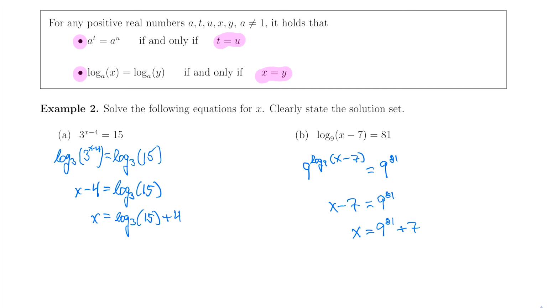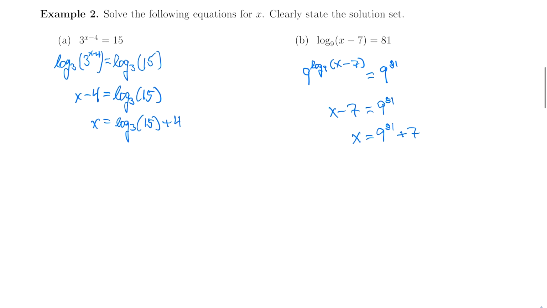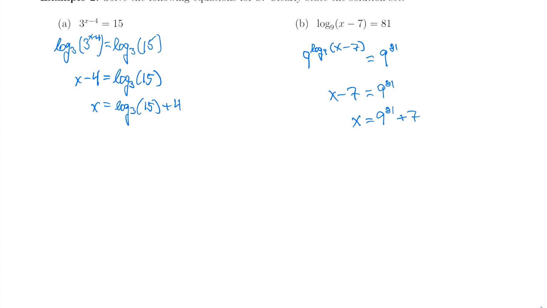that that's the case. So I'm going to rewrite that same original equation over here, and I have 3 to the x minus 4 power equals 15.